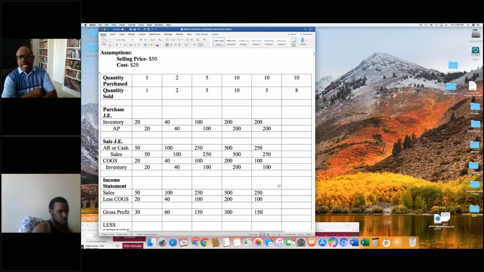So that's typically how a business is going to operate. It would be great if we sold them all, but that's not how it operates. So we'll work on the last column where we buy 10 pairs of shoes and we sell 8 pairs of shoes.